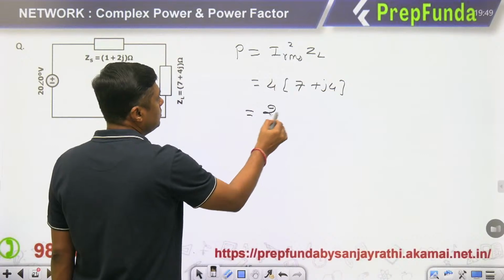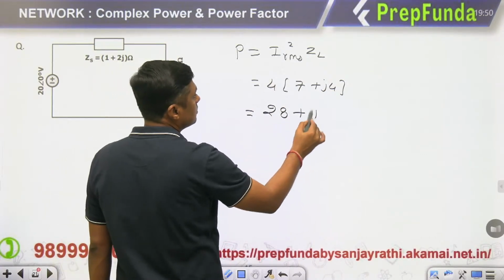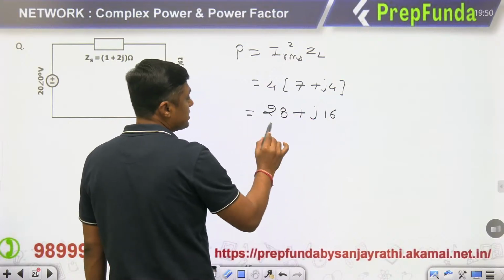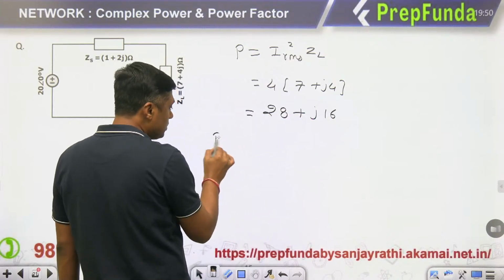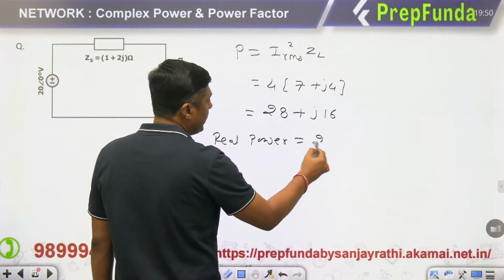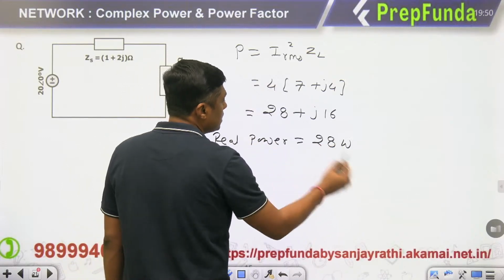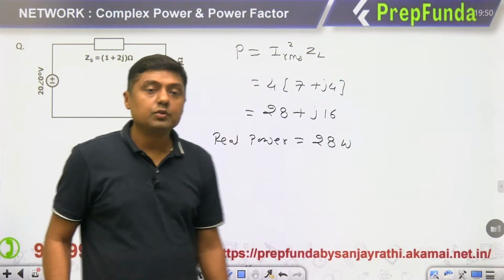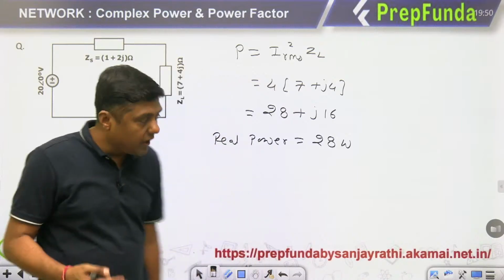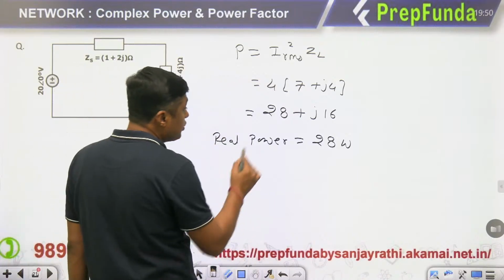Then it will become 16. Then the real power or effective power is 28 watts. This is the real power, effective power, average power, and what is the unit? Watt. And what is the reactive power? This is the Q.